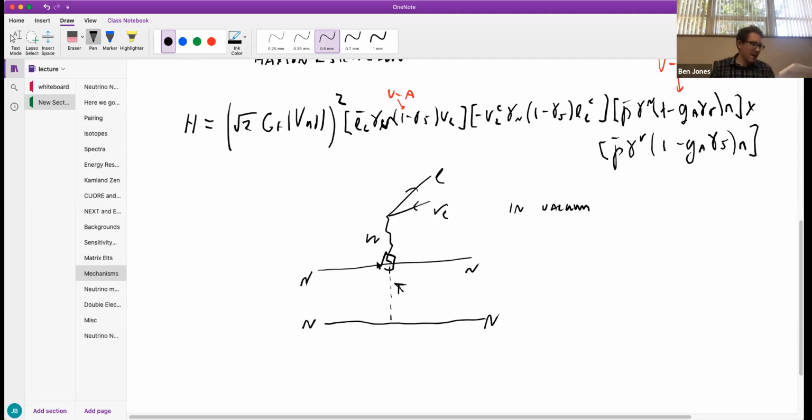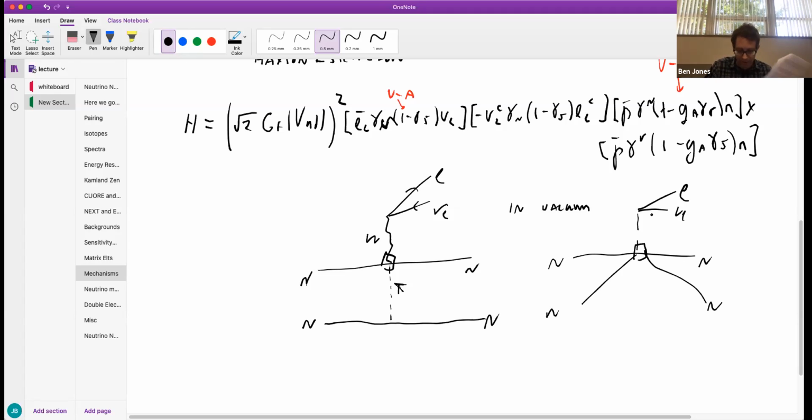Okay. And there are other examples as well where there's not even a pion involved. Another example of one of these corrections is such that another nucleon itself, in fact, interferes with this decay somehow.